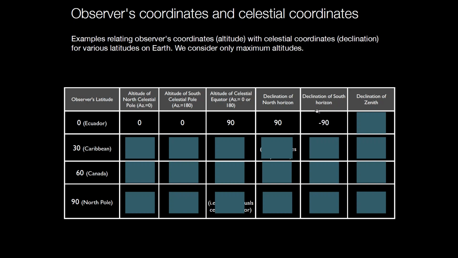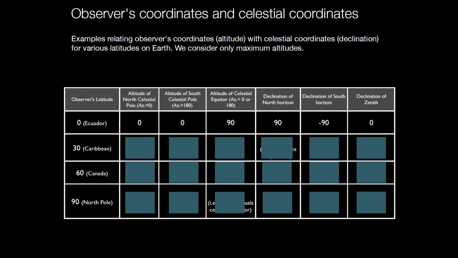The final thing is the declination of the zenith. The zenith is the point directly above your head. If you're on the equator, directly above your head will be the line corresponding to the equator on the celestial sphere. The declination of that line will be 0.